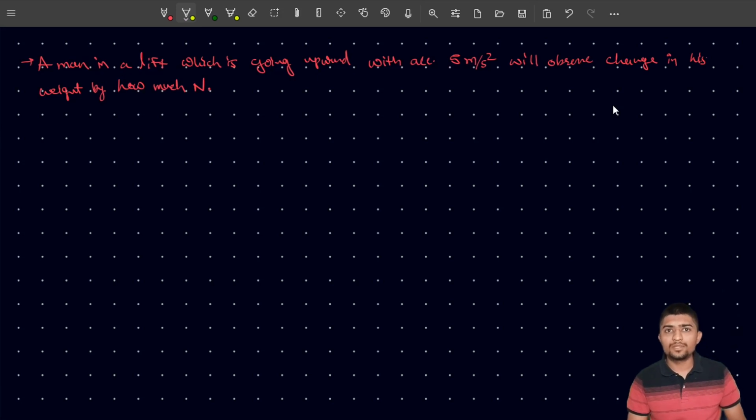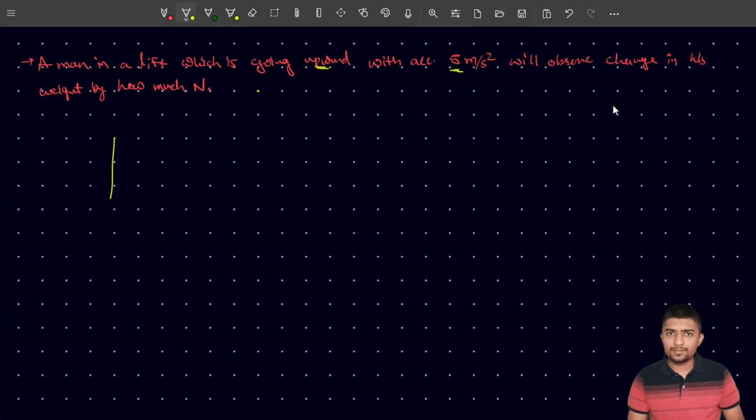Here in this question, a man in a lift which is going upward with acceleration of 5 meter per second square will observe the change in his weight by how much Newton. So a person will observe some change in his weight, and we are going to find out how much Newton his weight has changed.